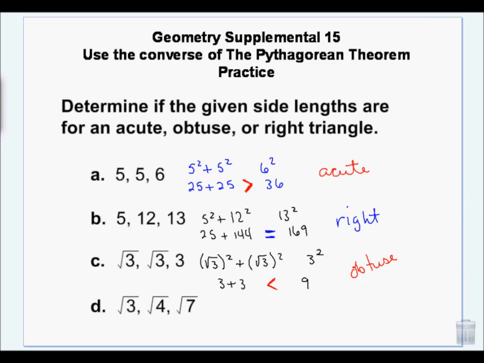And then I have the square root of 3 squared plus the square root of 4 squared and then the square root of 7 squared. So I have 3 plus 4 and 7. That's equal. So it's right.